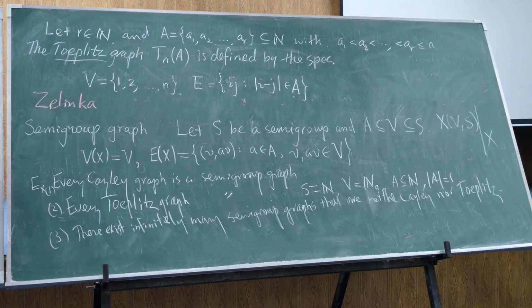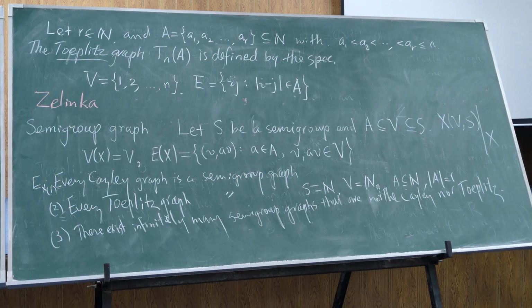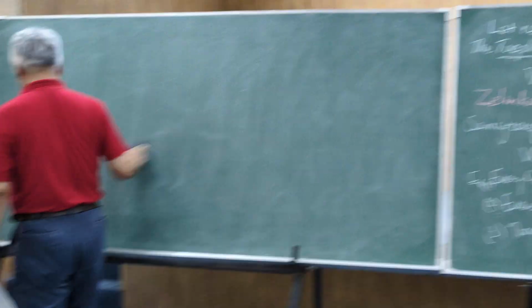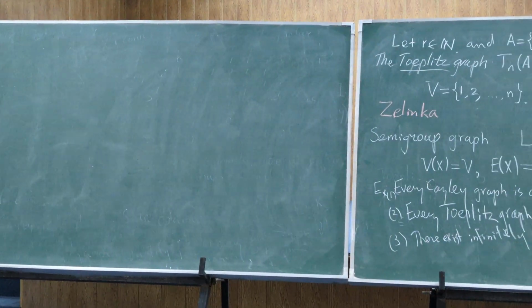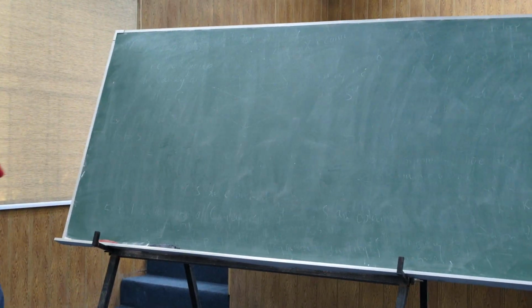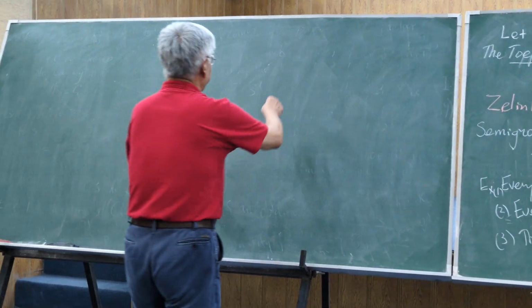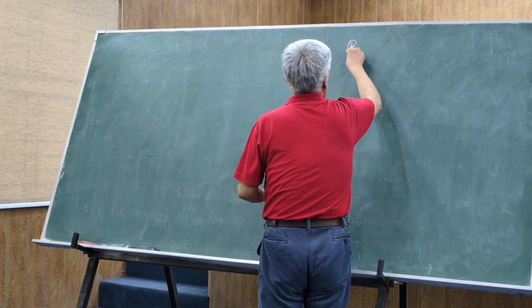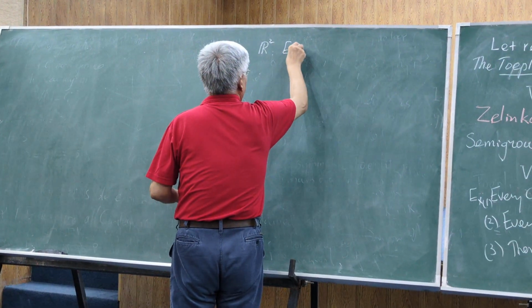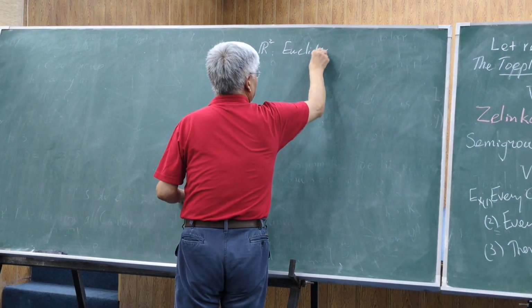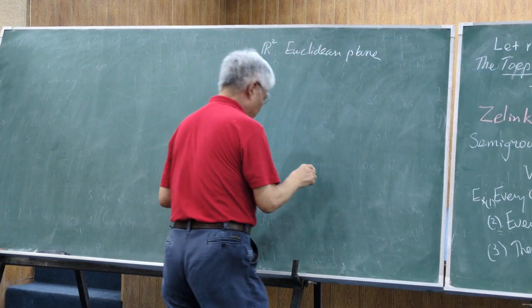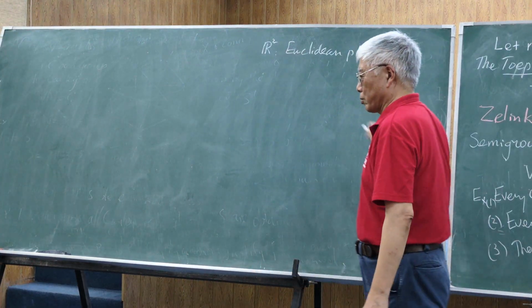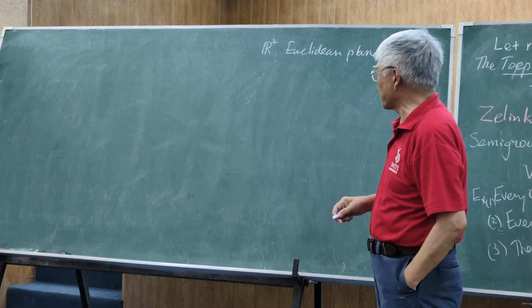Every finite vector semigroup graph is a semi-group graph which is neither. I can give you just one example. So what is a vector semigroup? A vector semigroup considers the Euclidean plane, with the Cartesian product which gives you coordinates, but that doesn't matter.